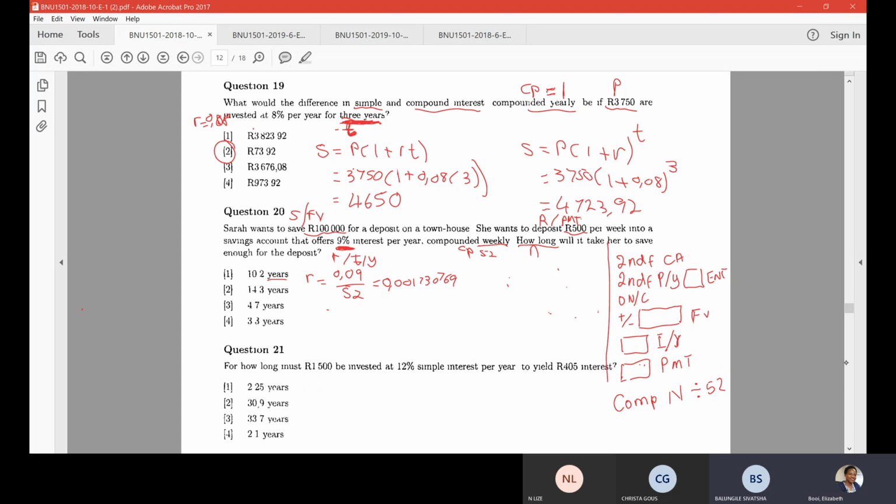So you saw the formula looks like that, but now I'm going to change it to make R the subject of the formula, which then you do your S divided by everything that's underneath the bracket, which was 1 plus I to the power N minus 1 divided by I. And then we can substitute the values. So our S is 100,000.